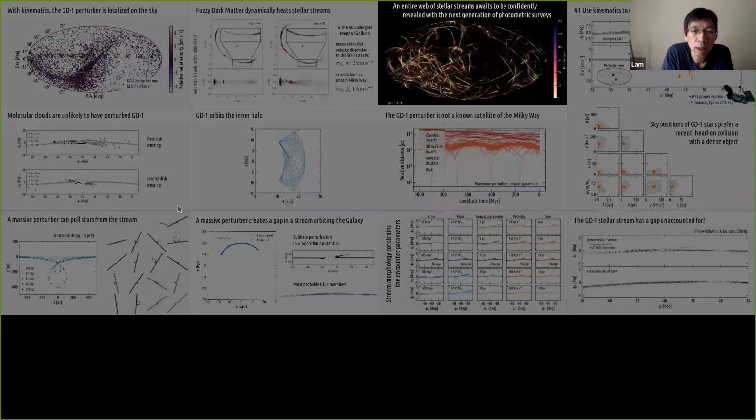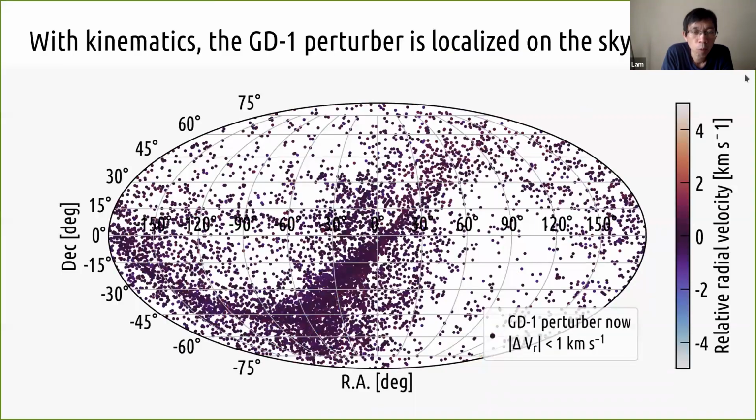I wonder, what is it about that constraint that picks out that particular corner? Does it have to do with the orbit of the globular cluster, given the velocity delta V of R less than 1 kilometer per second? The encounter must be fairly recent or something like that. What is it that actually picks out that location?